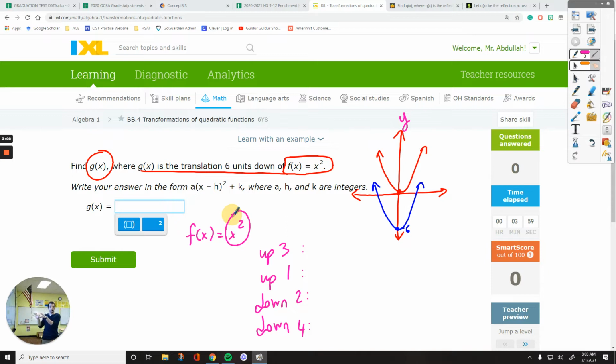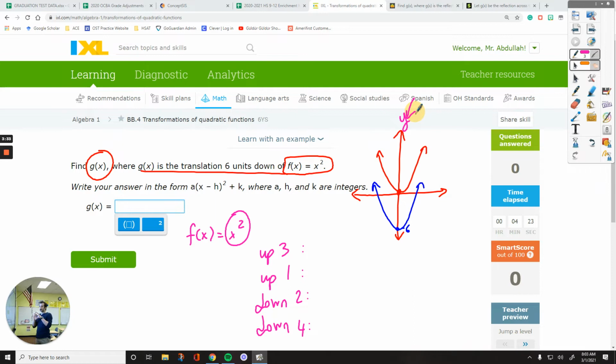So I have x squared, that's my f of x. If I had x on the right side, that would be my f of x. If I had x plus 7 or x minus 11 or whatever you have on the right side, it doesn't need to be just one term. It could be a lot of things on the right side. That whole thing is your function, is your y value.